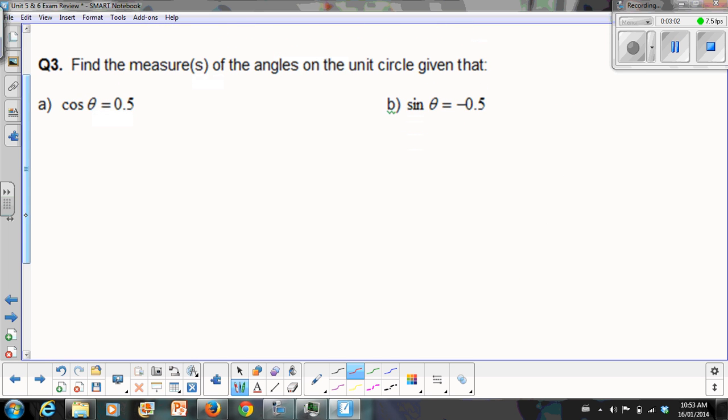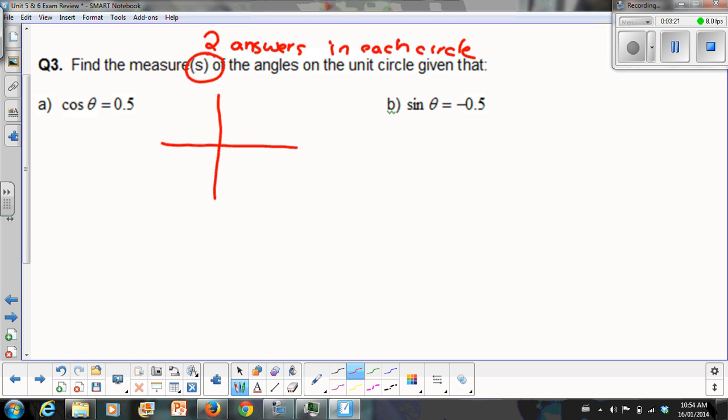Now we're given the ratio and we're asked to find the measure of the angles. So there's more than one answer. There's actually 2 answers in each circle. And we're just going to look at the first unit circle.